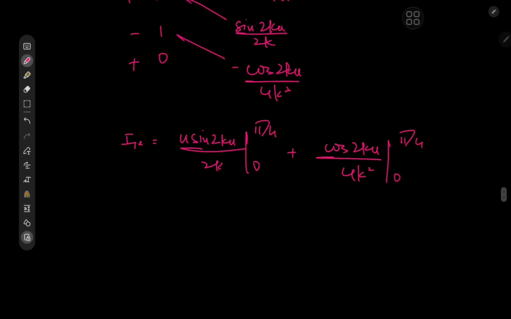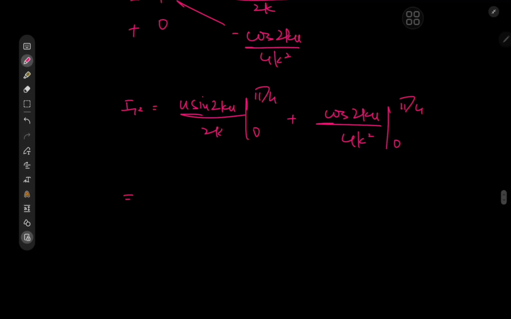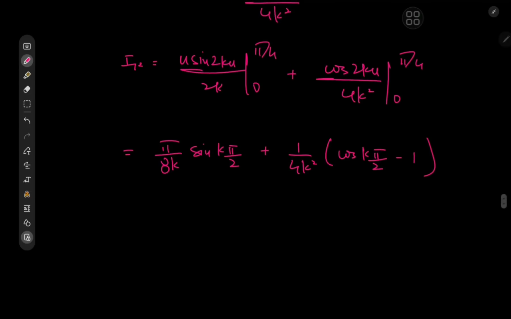Plugging in and evaluating the limits, for the upper limit we have pi by 8k times the sine of k pi by 2, and for the 0 limit we get a 0. Plus, now we have 1 by 4k squared times cosine of k pi by 2 minus 1, which is looking pretty neat. That's I sub k.